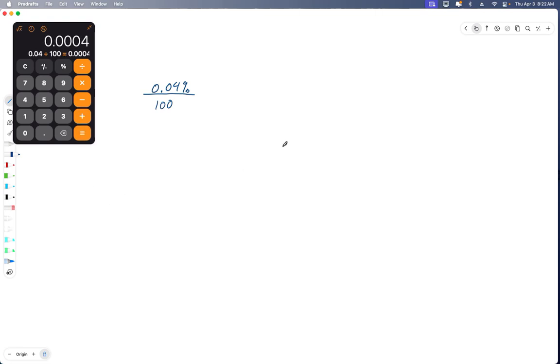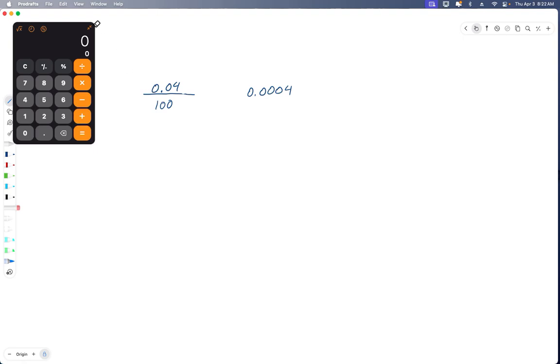That's the decimal. So the decimal for this percent is 0.0004. That would be the correct decimal. It's almost like you're taking these two zeros here and moving them down here to divide.